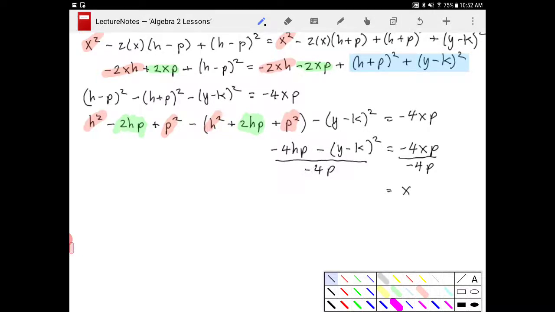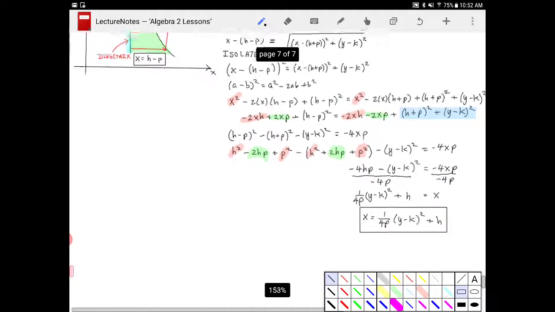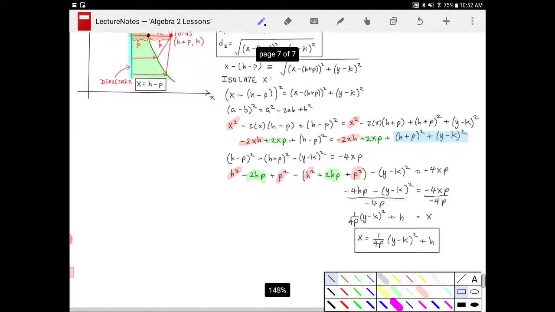What I'll end up with is 1/4p times (y minus k) quantity squared plus h. And lastly, I'm just going to do a little bit of rearranging. This is 1/4p times (y minus k) quantity squared plus h. This, ladies and gentlemen, is the equation that's describing that lens.